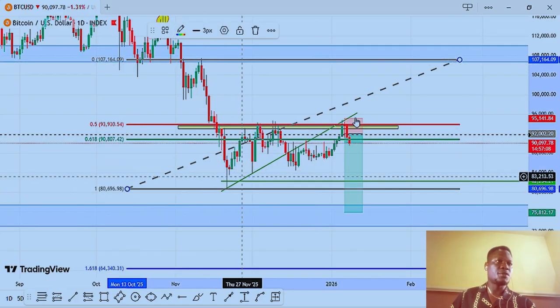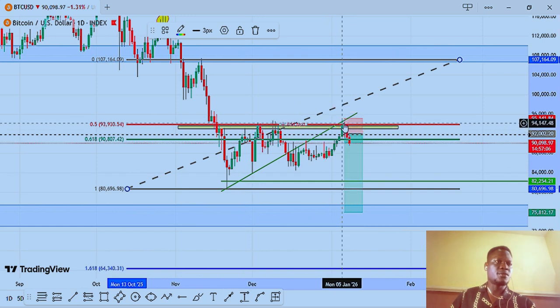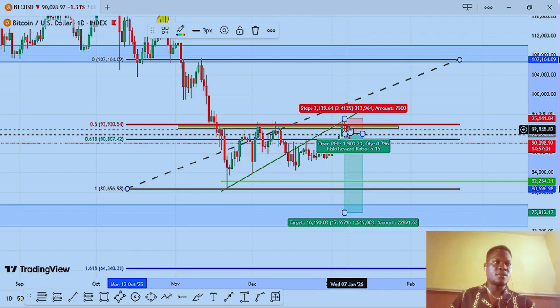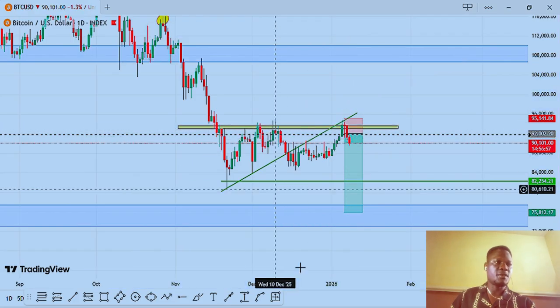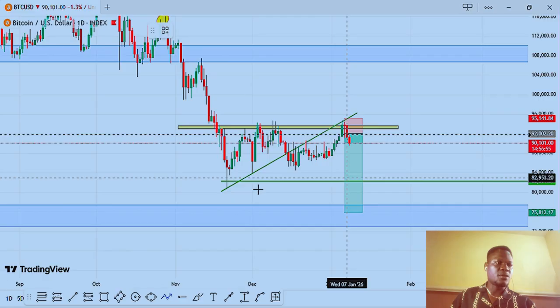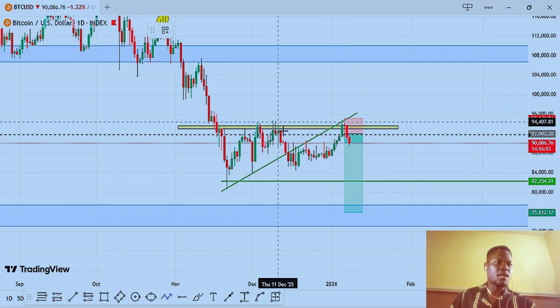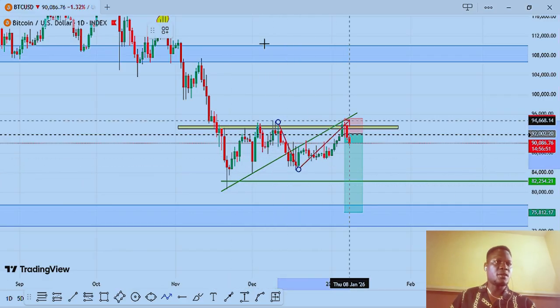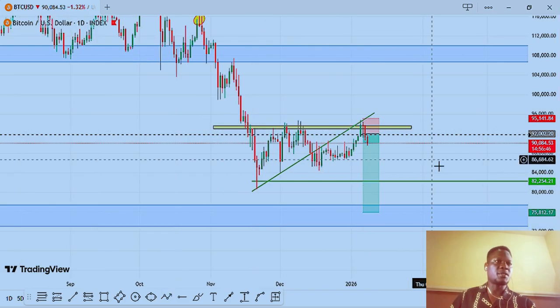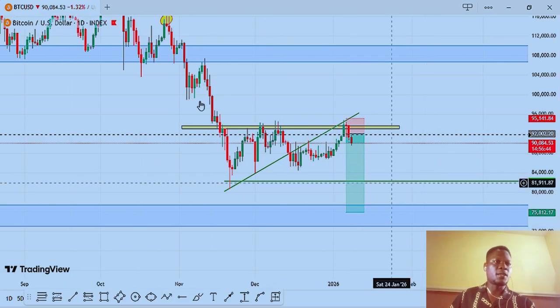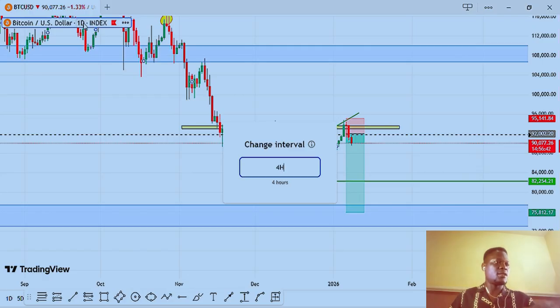This is a break and retest on the 50 Fib retracement. So I jumped in here on the lower time frame, on the 4 hours time frame. The other thing I look at, you see, this is a breakout of a trend line, break and retest, so a continuation. That's why I am selling this BTC currently.